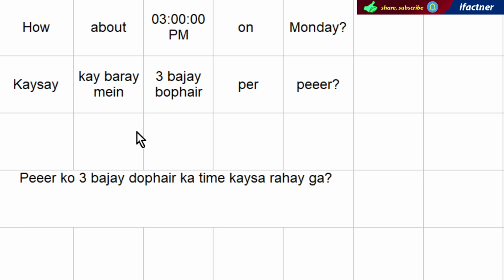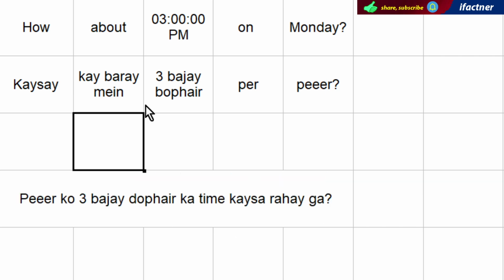So we usually say कैसा रहेगा instead of के बारे में in this sentence. So we will say पीर को 3 बजे दोपहर का टाइम कैसा रहेगा.